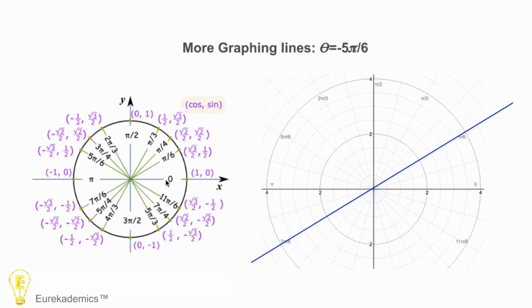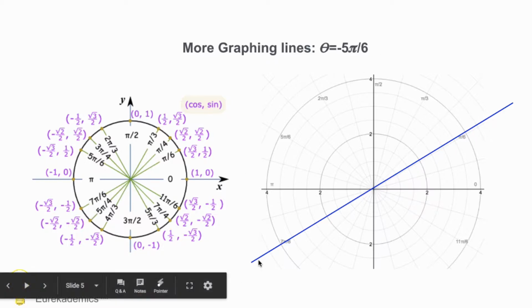All that's saying is that rotating to 7 pi over 6 is the same thing as going negative 5 pi over 6. So that's the same thing in positive terms, and then you just go here and graph it.